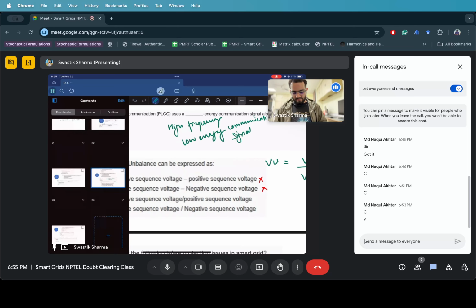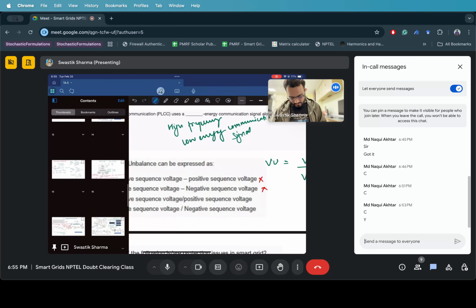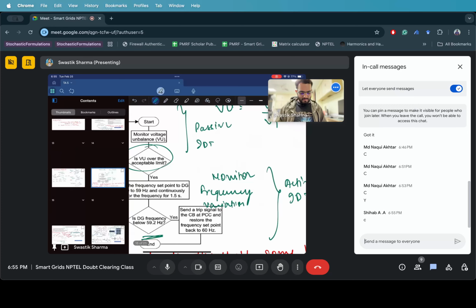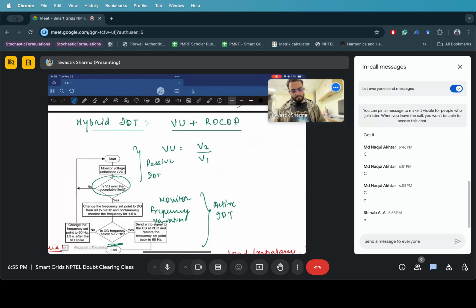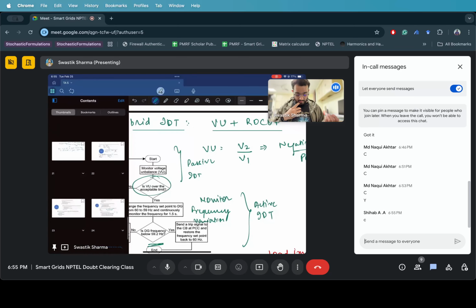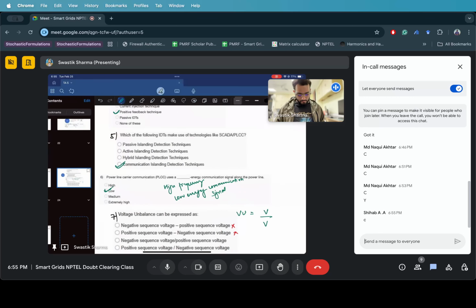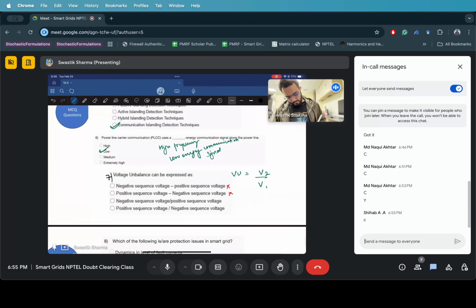I just discussed everything. I don't know why you're not answering, it pains me. So here I told you what is it? It takes negative sequence to positive sequence. You're right. So we covered everything, I covered symmetrical components as well. So it's V2 by V1, which is negative sequence by positive sequence, right?